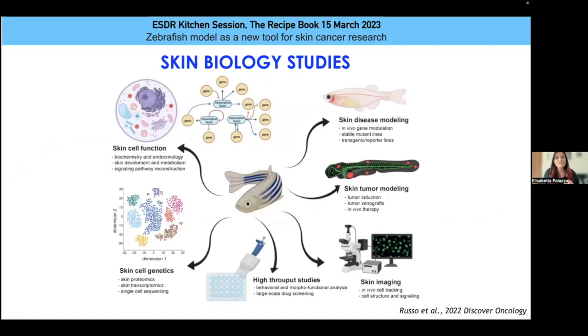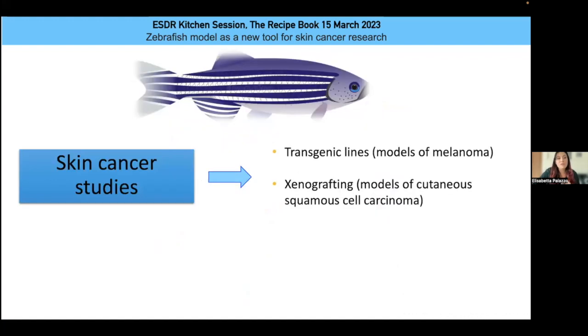Within the field of skin biology, we can see that this model has different potentialities. We can study skin cell function, cell genetics, we can perform high throughput studies, skin modeling, skin disease modeling, and skin tumor modeling, which is the topic of today.